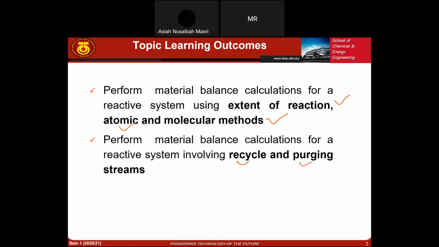So in the previous lesson, we have actually learned part of the first topic learning outcome, where we already know how to solve a material balance using extent of reaction. So in this lesson, we're going to learn about atomic and molecular methods.